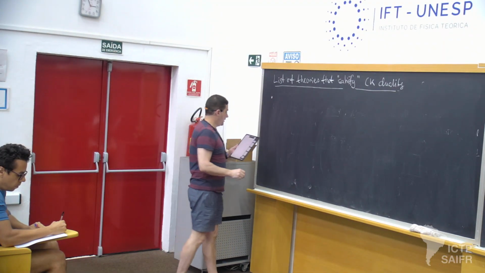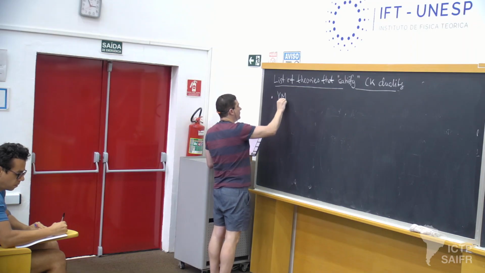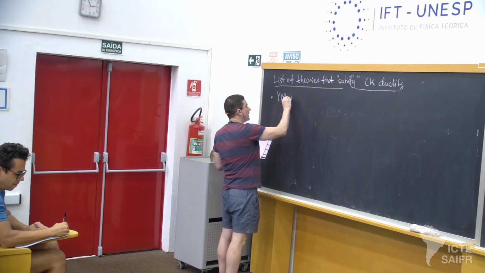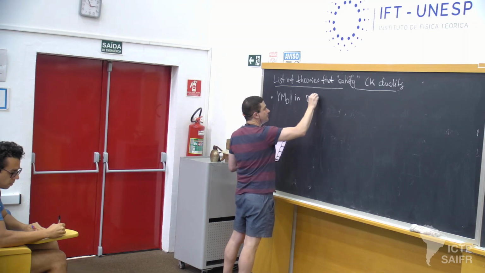So the first one, and maybe the most important one, is Yang-Mills in, let's call it Yang-Mills D, because this is in D dimensions.